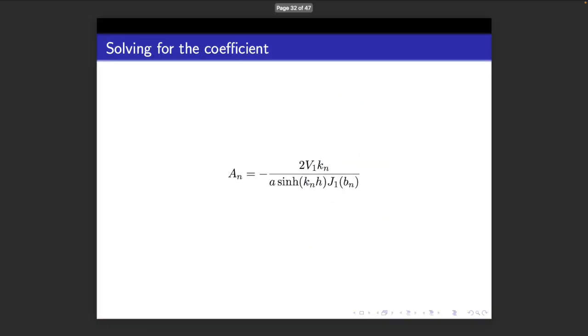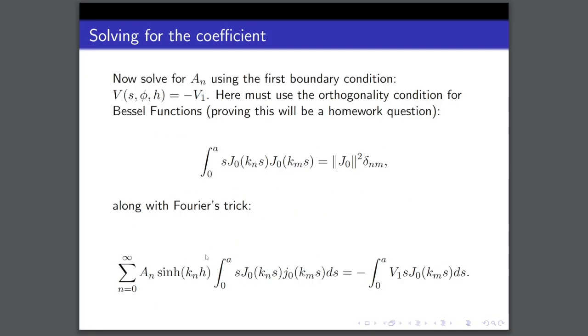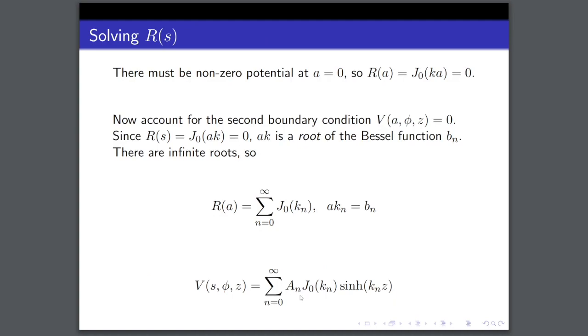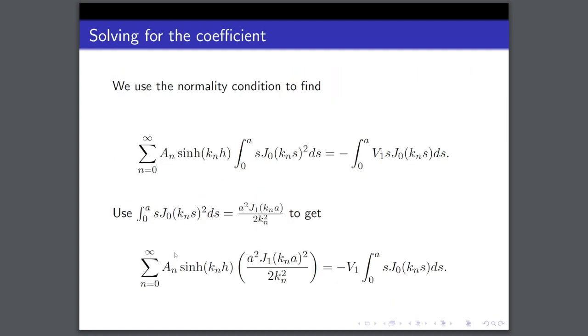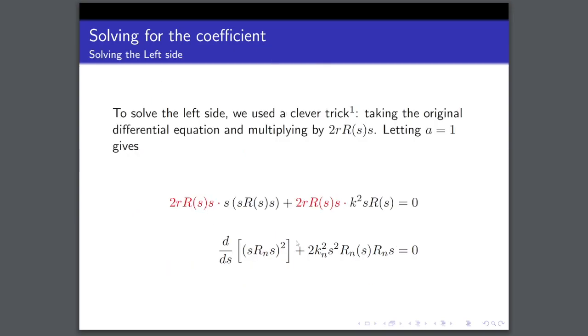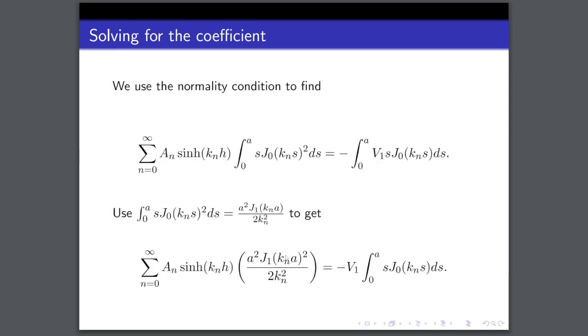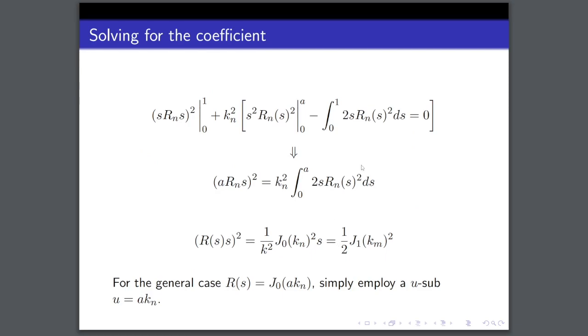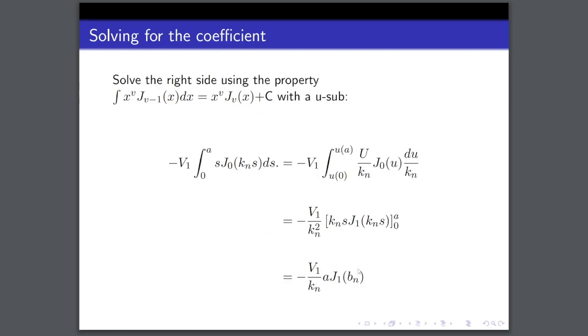You can then find the coefficient a sub n by making it so that your a sub n here is whatever it needs to be such that it cancels out all of these things, all of the j sub 1, first order Bessel functions, a squareds and k sub n squareds, in order to make the left-hand portion of the function equal to the right-hand portion of the function.